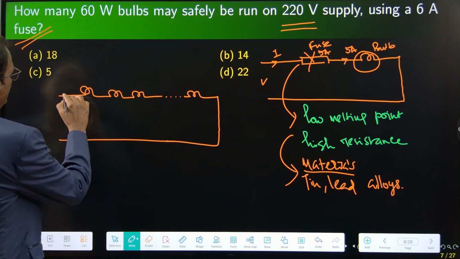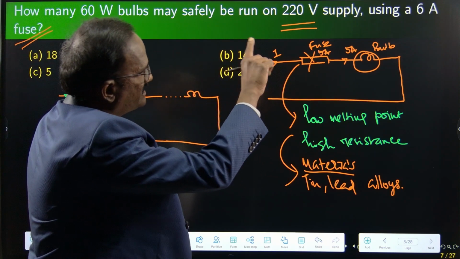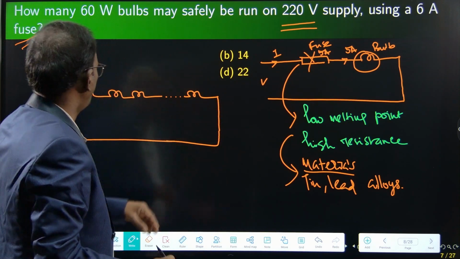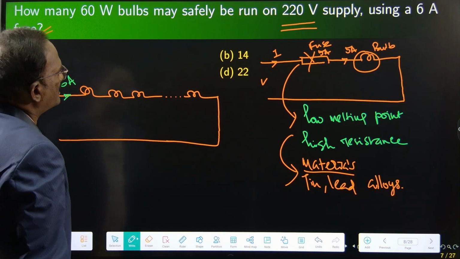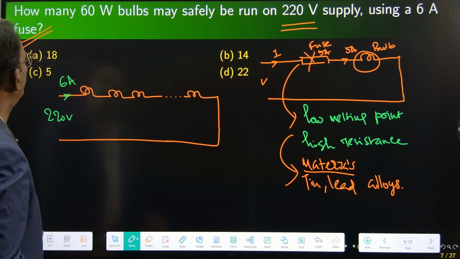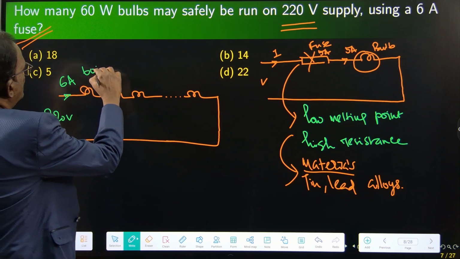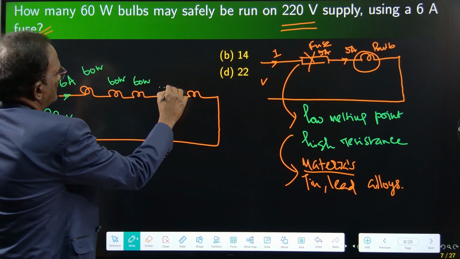But the current rating is the fuse rating. Using a 6 ampere fuse means the maximum current which can be sent through the circuit is 6 amperes. So this is 220 volts. How many bulbs? The bulb ratings are 60 watts, 60 watts, 60 watts, right?